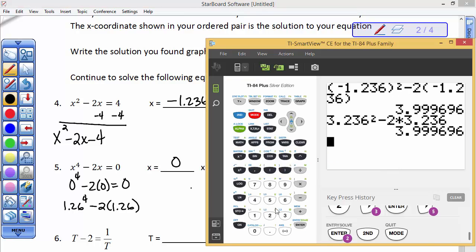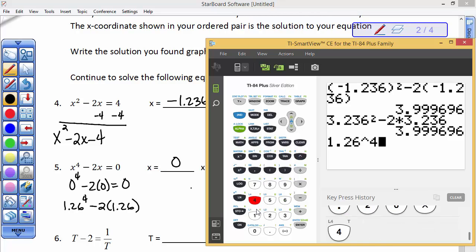It knows order of operations. That's 0.00047, e to the negative fourth. So when I check this, again, 0.00047, well, that's approximately 0, which is what it's supposed to be. So both of these answers check.